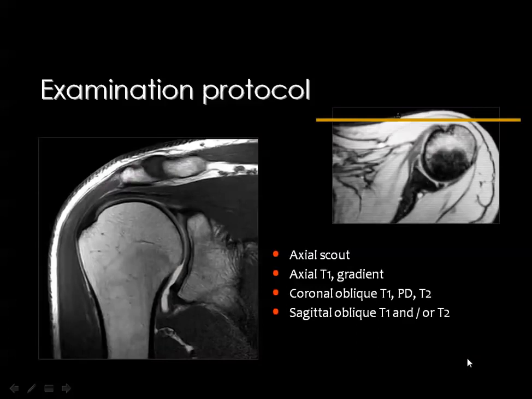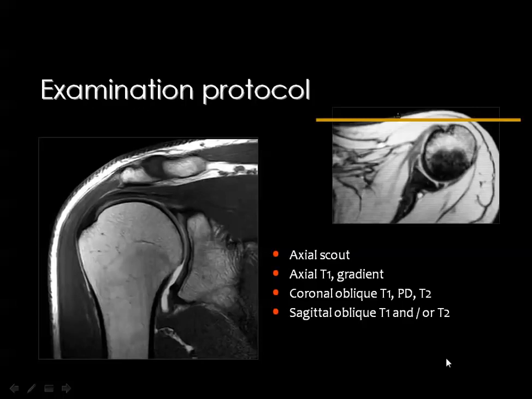The protocol for shoulder examination will include these pulse sequences: axial T1 and gradient, and coronal oblique, which is usually obtained in the T1 and T2 weighted images. Sometimes you may add a proton density or even STIR weighted images in the coronal plane. And also we have sagittal oblique, which is usually obtained in the T2 weighted image.